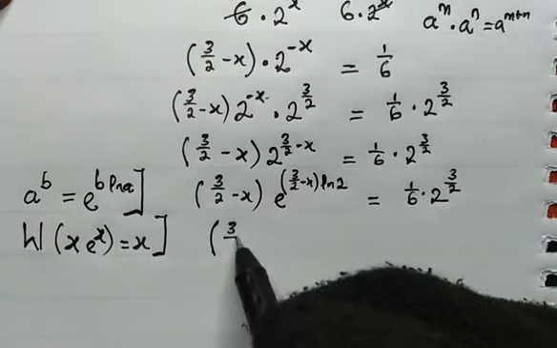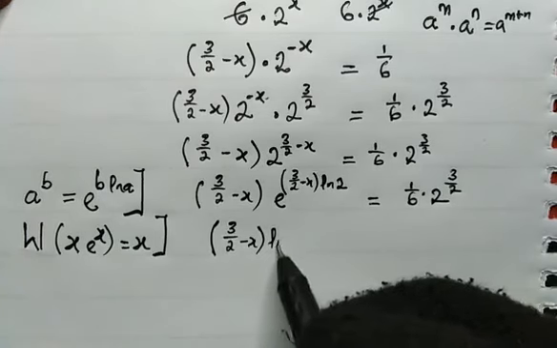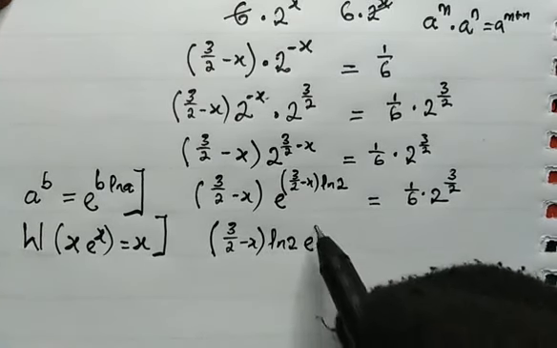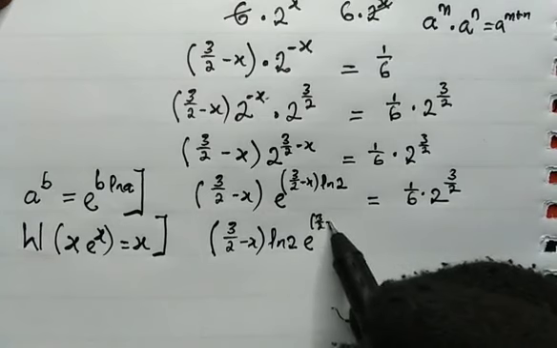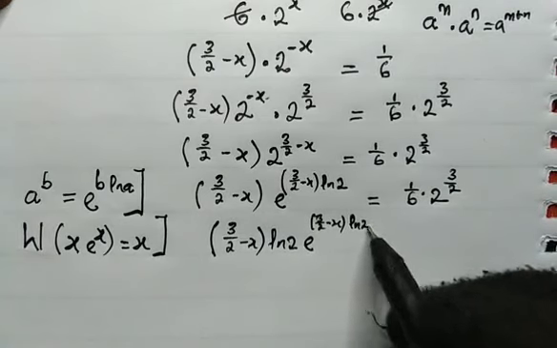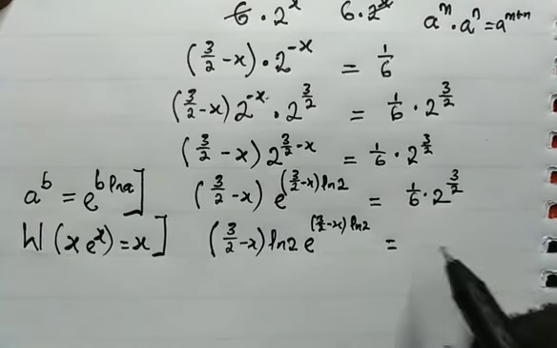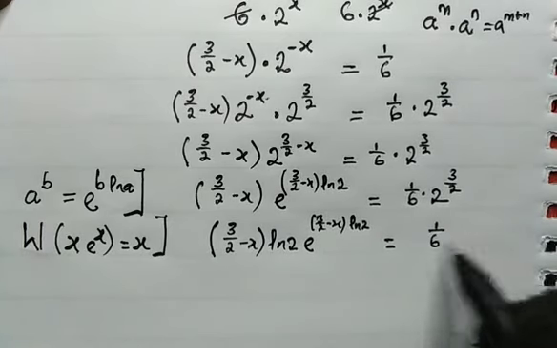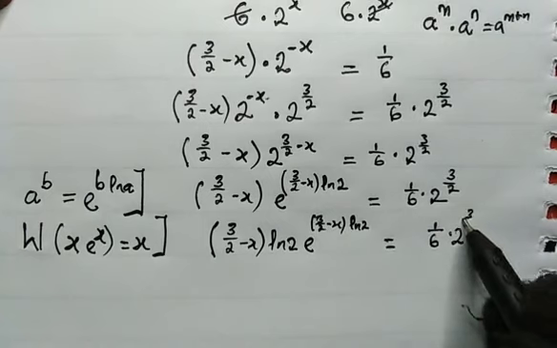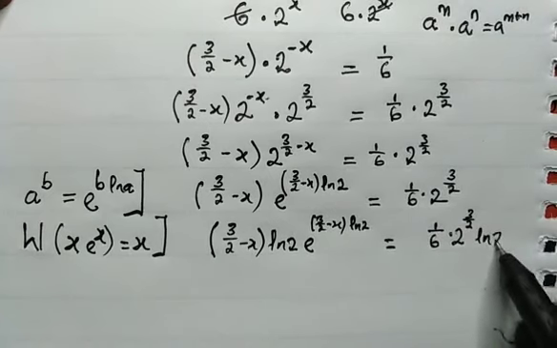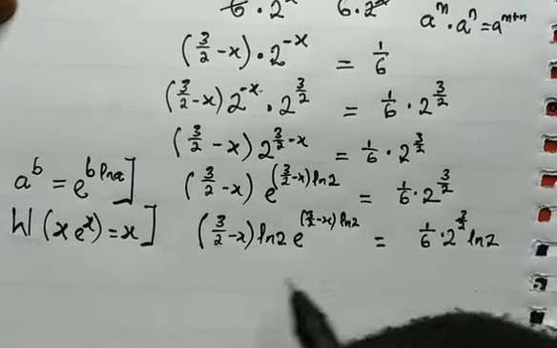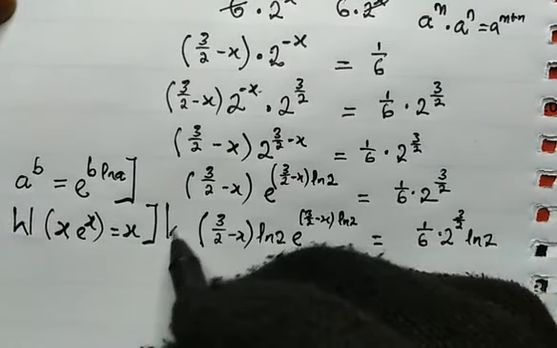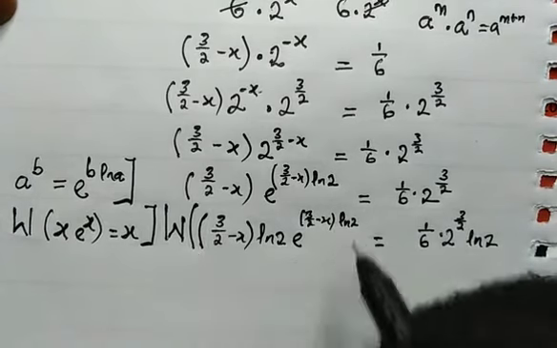So here we have 3 over 2 minus x times the natural log of 2 times e to the power of 3 over 2 minus x times the natural log of 2. So this will be equal to 1 over 6 times 2 to the power of 3 over 2 times the natural log of 2. Now we can take the Lambert W function on both sides, right?